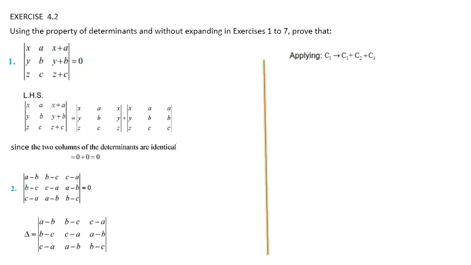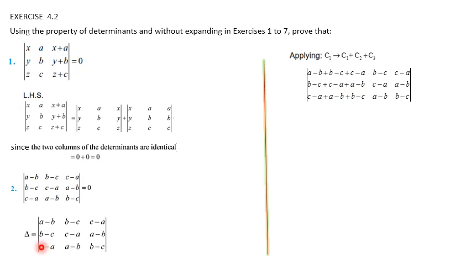Then I am giving the operation C1 changes to C1 plus C2 plus C3. Column 1, column 2, column 3, I am writing in column 1. Means a minus b plus b minus c plus c minus a, that is the first element. Then the second element, b minus c plus c minus a plus a minus b, is the second element in the first column.